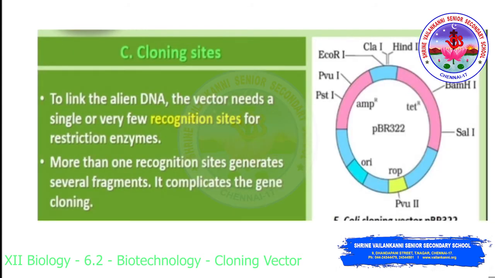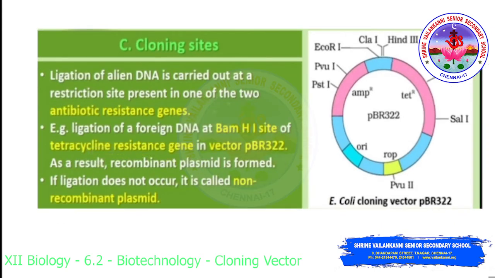Next feature is the cloning site. To link the alien DNA, the vector needs a single or very few recognition sites for restriction enzyme. More than one recognition site generates several fragments, which complicates gene cloning. The cloning process takes place at the cloning sites.